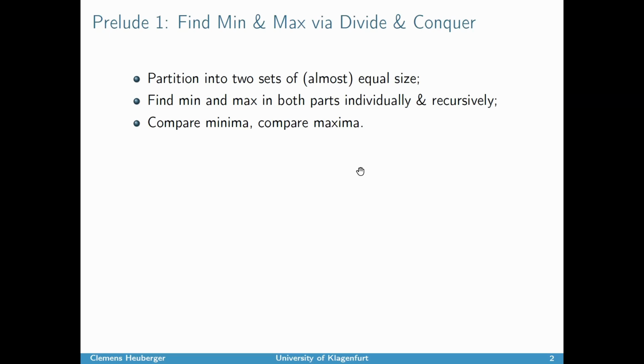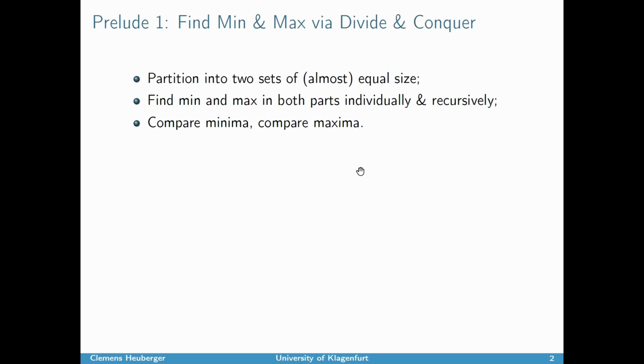We partition that into 2 sets of almost equal size. We look for minima and maxima in both sets. Then we compare the minima and we compare the maxima in order to find the global minimum and the global maximum. So that's a divide and conquer approach for finding minima and maxima.